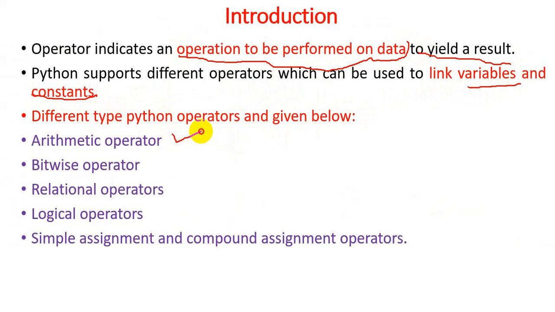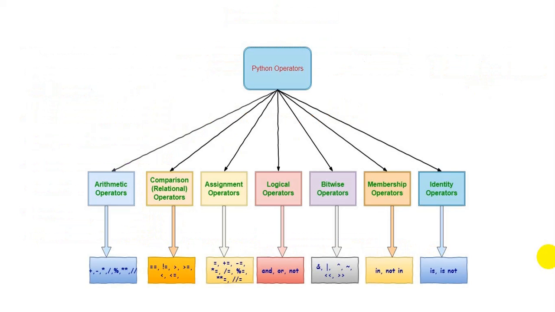They are arithmetic operator, bitwise operator, relational operator, logical operator, and assignment, simple and compound assignment operators. So we are going to discuss one by one. In this video, we are going to discuss the different types of available operators in Python.